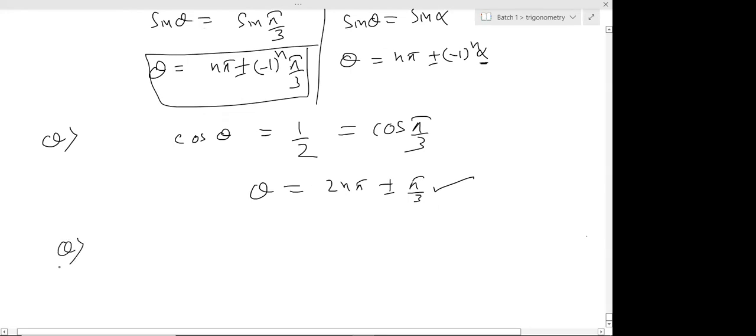Next question. Tan theta is 1 upon root 3. Try to solve this one.